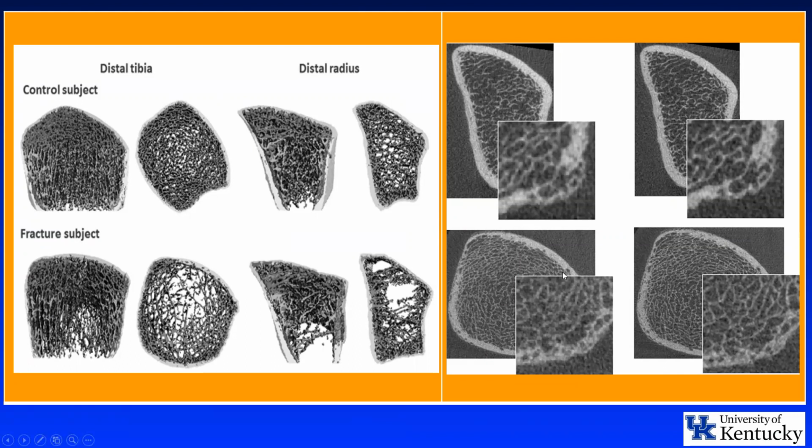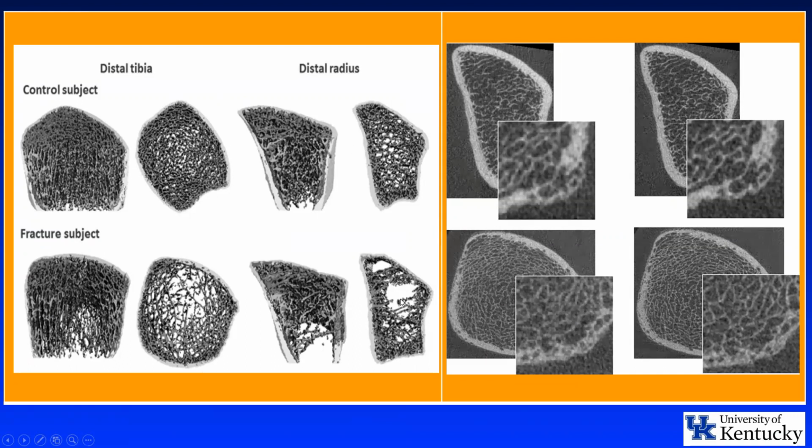You can see the cortical bone, you can see the trabecular bone, then you can zoom and see what the trabecular bone looks like, the connectivity between the trabeculae and the thickness of those trabeculae. You can appreciate here a patient with osteoporosis, and here is a patient with a normal HRQCT exam.